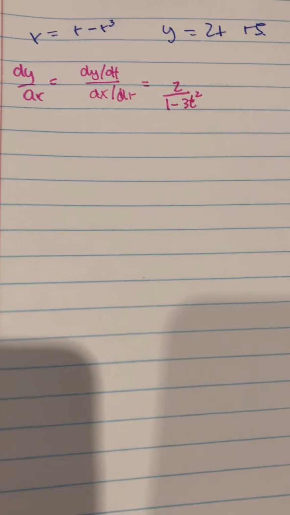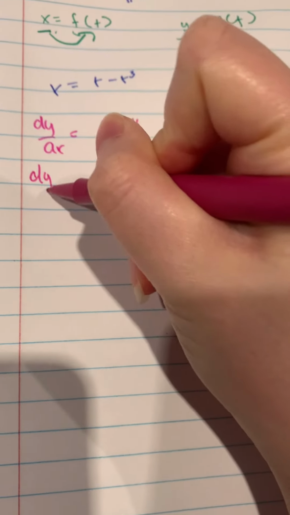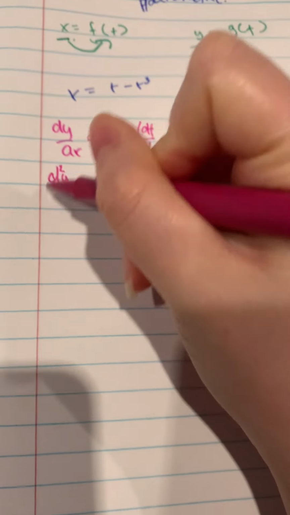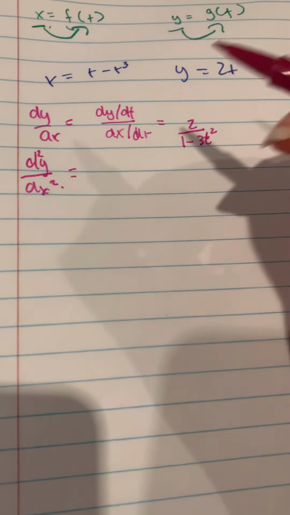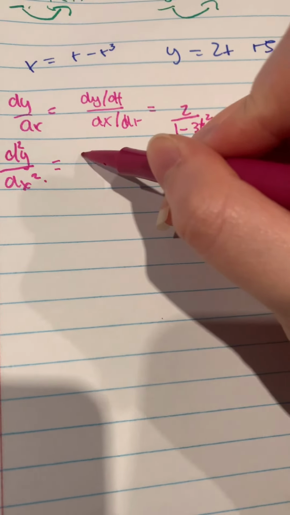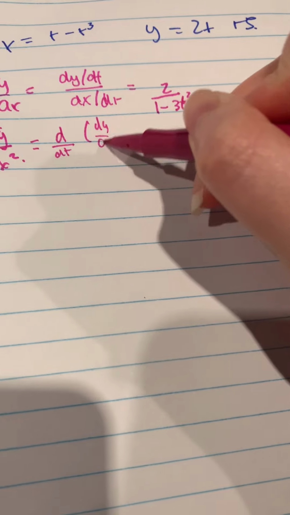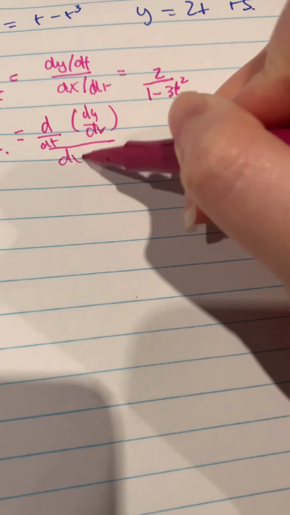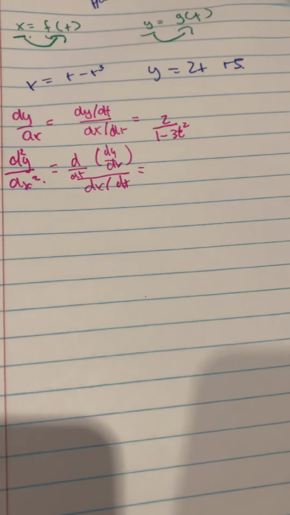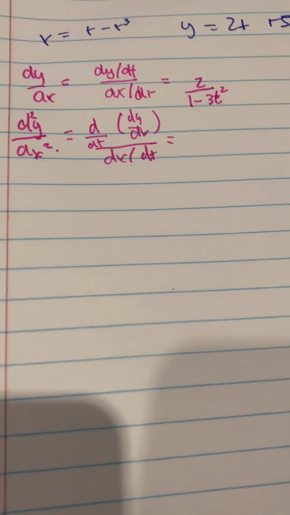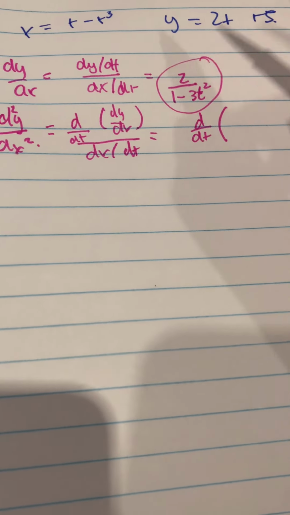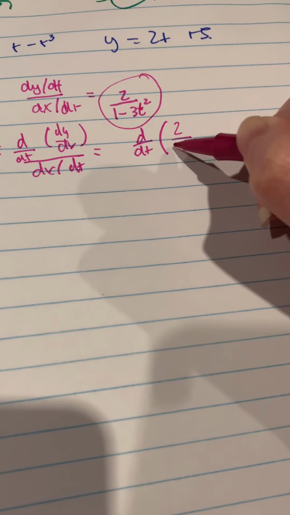Okay, so what if we want to find the second derivative, which is d²y/dx²? The formula for that is pretty long: d/dt of dy/dx, with respect to t. I'm just rewriting the formula now. So d/dt of dy/dx is just the first derivative, so just rewrite that down.